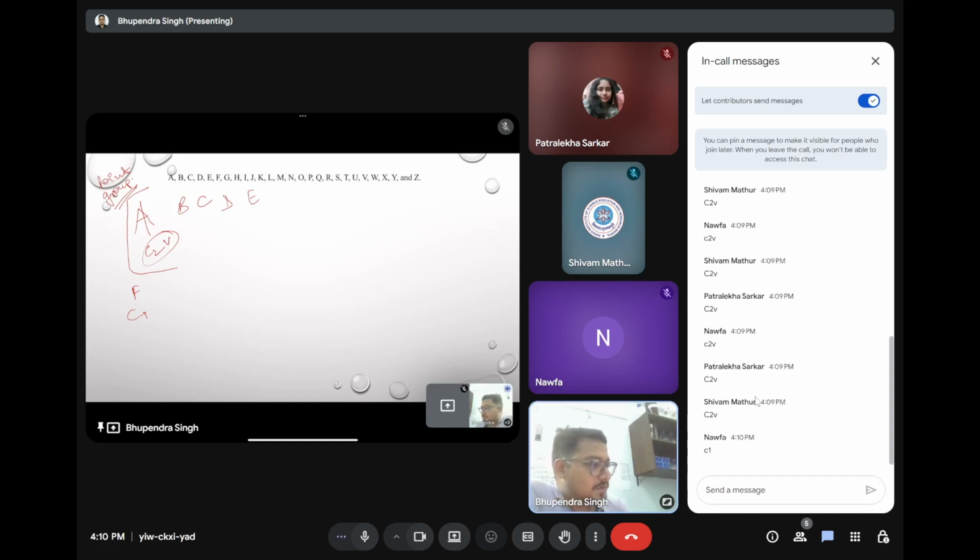Before, you have been told about C1, CS and CI. C1 is identity. CS is sigma h and identity. CI is i and E. Now try to find out what is the point group of this F. If I say C1, actually it is not C1. This is wrong.